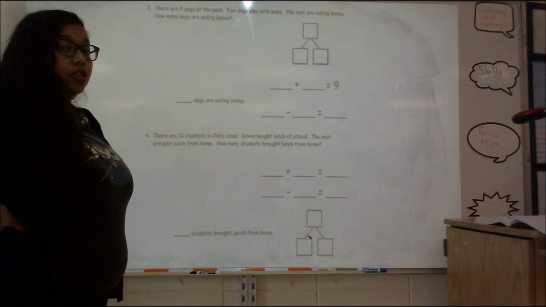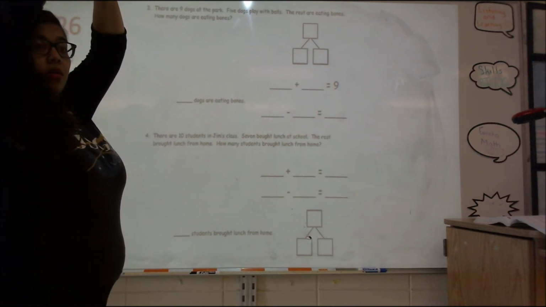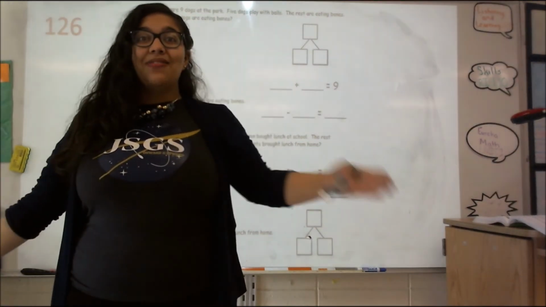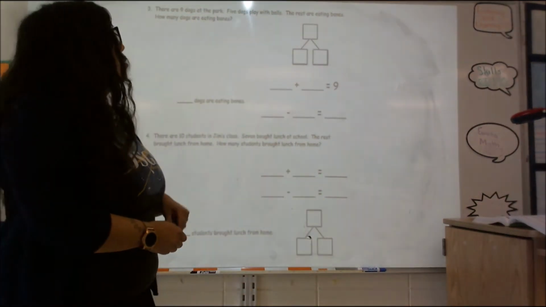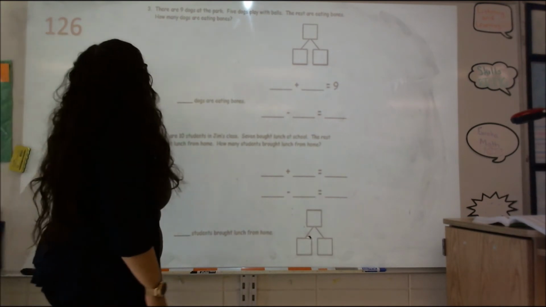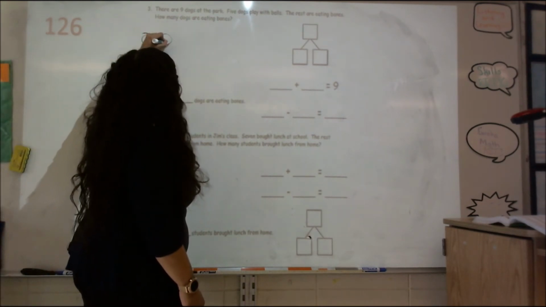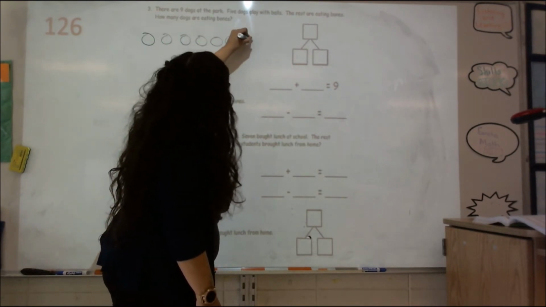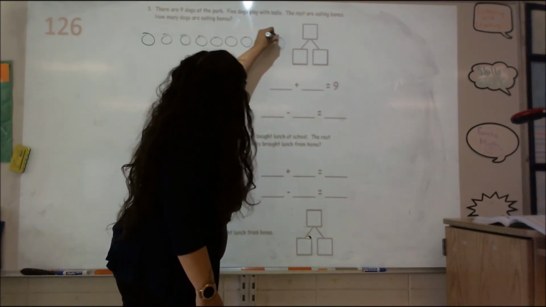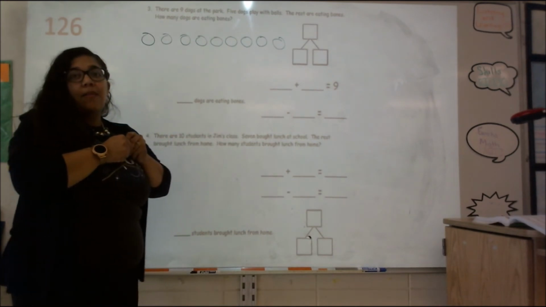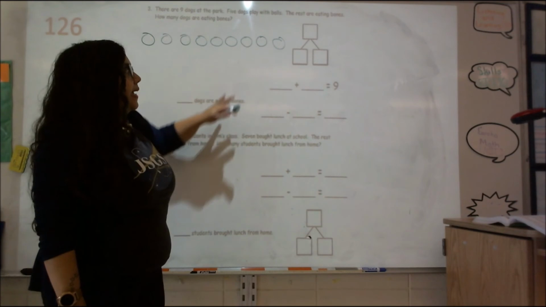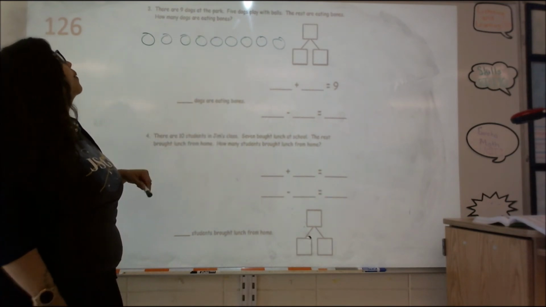Okay, another situation where we're given the whole, we have a part identified, and we need to find a missing part. So let us draw to represent our whole. 9 dogs in the park. 1, 2, 3, 4, 5, 6, 7, 8, 9. This time, instead of doing a full drawing number bond, I want to group them in my whole, kind of like we did in the application problem.